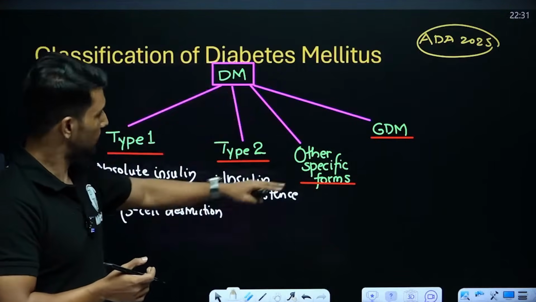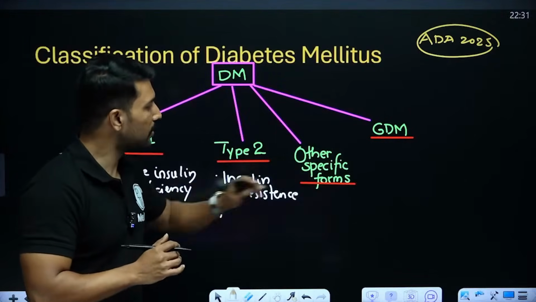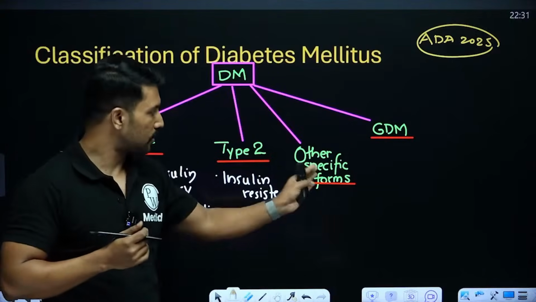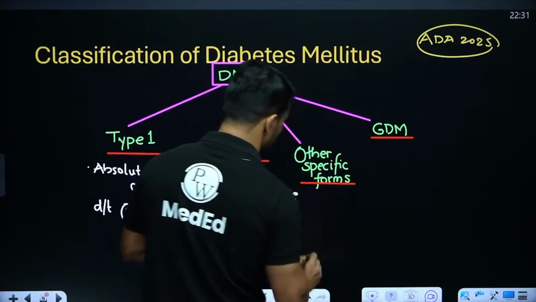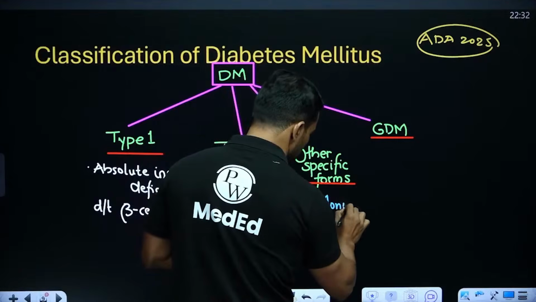That is type 2. Gestational diabetes mellitus, I don't need to give you the introduction. Then what comes under other specific forms? There's a long list of diabetes that comes under these other specific forms. What I want you to remember here is the first one, monogenic forms.